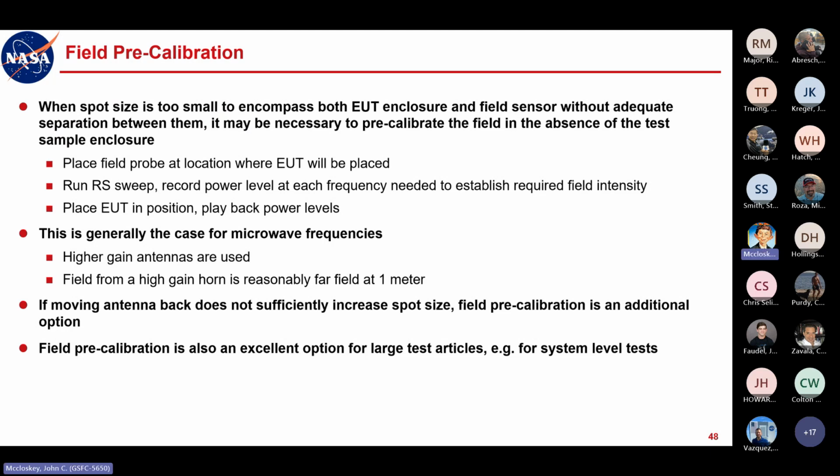There are differing schools of thought on this. It's generally more recommended for a larger test article, like a system level test. But my general take is that it's actually a more realistic and more representative test.